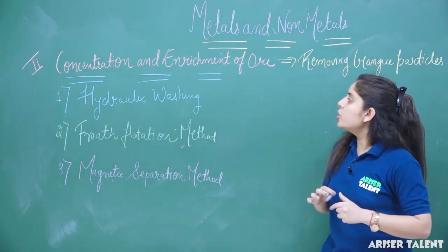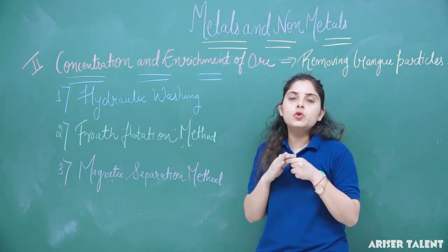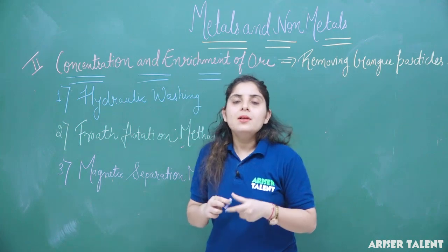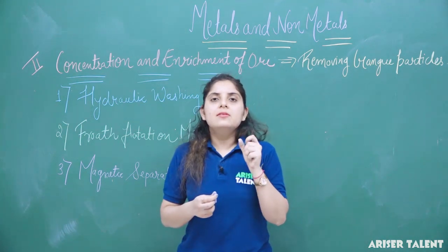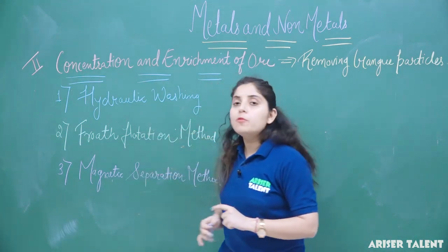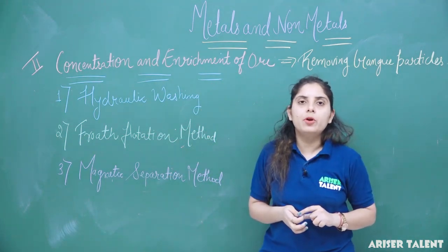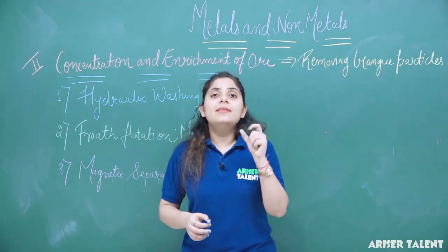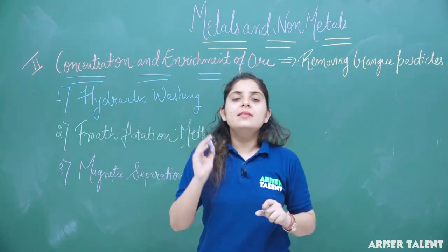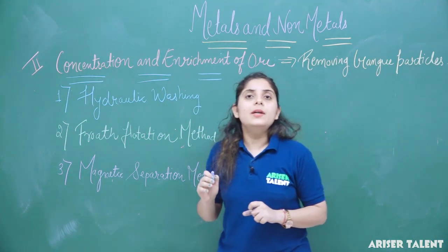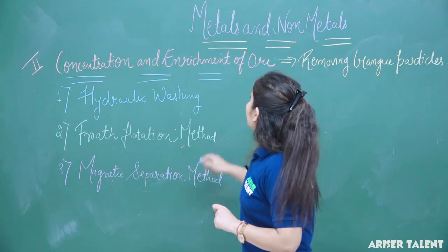So hydraulic washing method is basically used to remove impurities that are very heavy. For example, metals like lead, zinc, copper and iron are present in heavy form. So hydraulic washing is used to remove the heavy impurities. This method depends upon the principle that there must be a difference in the density of the ore and the density of the impurities.